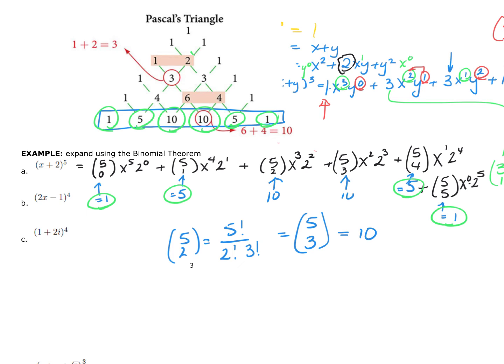Now, I say multipliers because that is not just the coefficient. That's not the coefficient on those terms. It is the coefficient multiplier. So now let's go ahead and write this out.